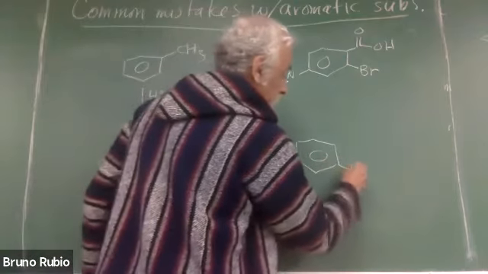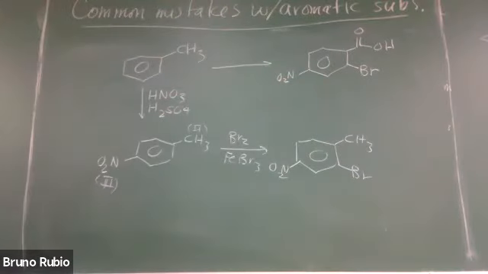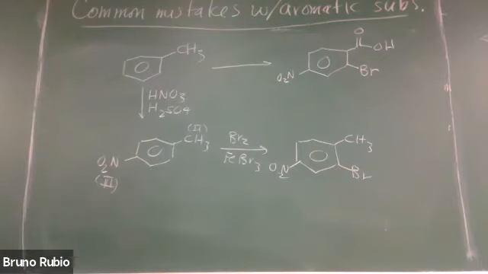So I would get this. And now, how do I transform the methyl group to the carboxylic acid group? This is what I'm trying to explain right now, which is that frequently these synthetic reactions involve transformation of pre-existing groups.